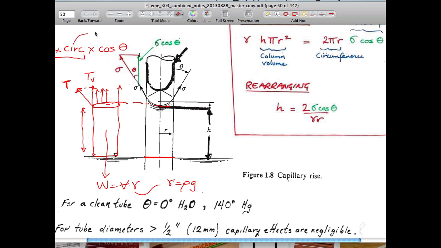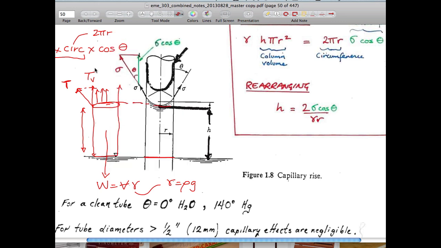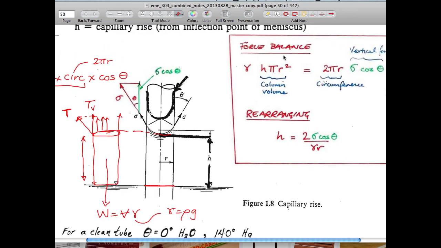So the circumference is going to be 2 pi r. And if you look at those components together, you'll see exactly that's the case here. So 2 pi r is the circumference that we have. Sigma is the interfacial tension, which is a property of the fluid and solid.